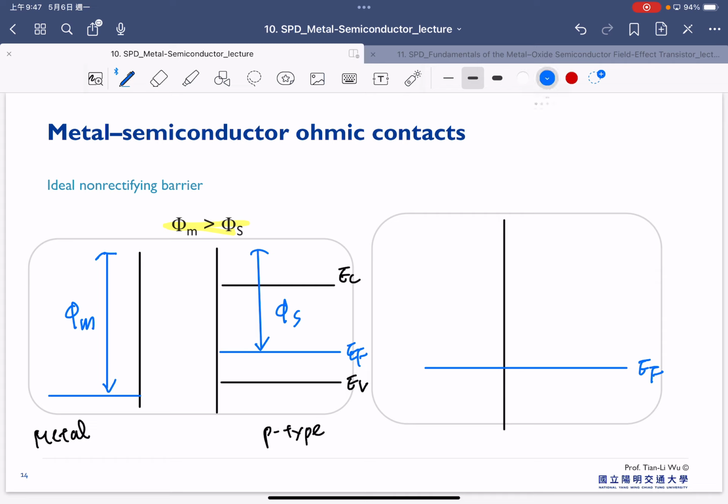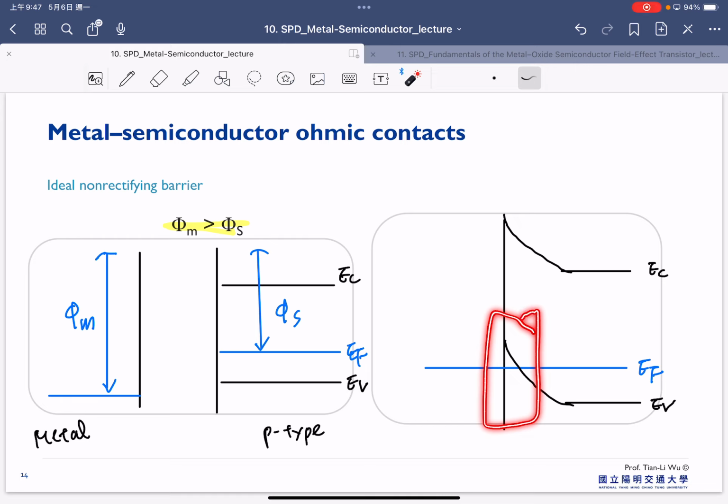And so very similar to our N-type case, right now the surface here becomes more p-type. So that's very similar to the case of a p++.